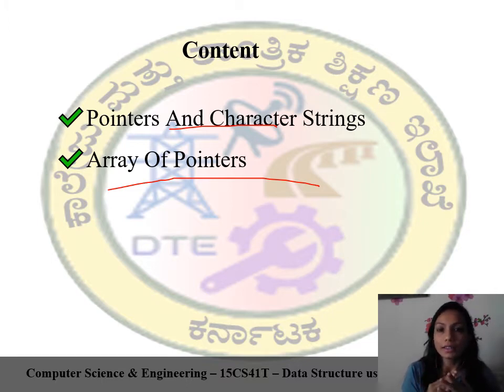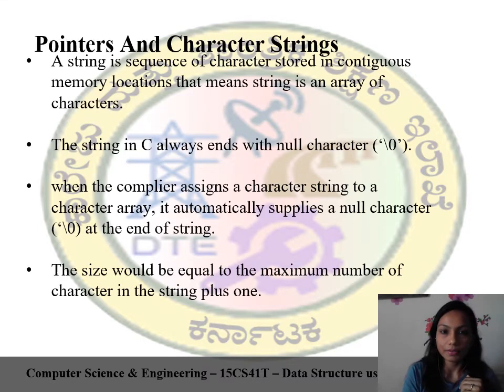A character string is nothing but a set of characters. How to make a character array point via pointers is the topic, and array of pointers we will just revise.